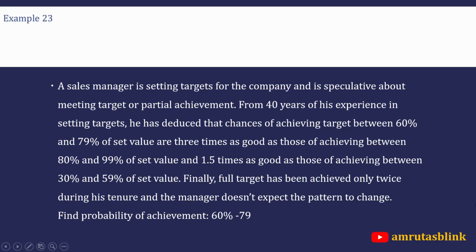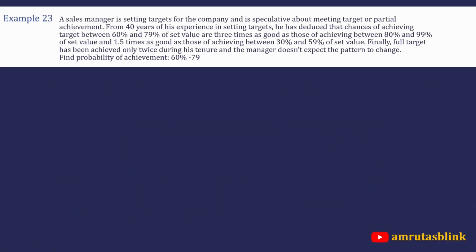Now here the problem statement itself seems very big. So first of all, don't worry about how big the problem is. Although the problem statement is very big, trust me, it is very simple to solve. So we will jot down all the given things step by step. Here a sales manager is setting up targets for his company and is speculative about meeting the targets or partial achievement.